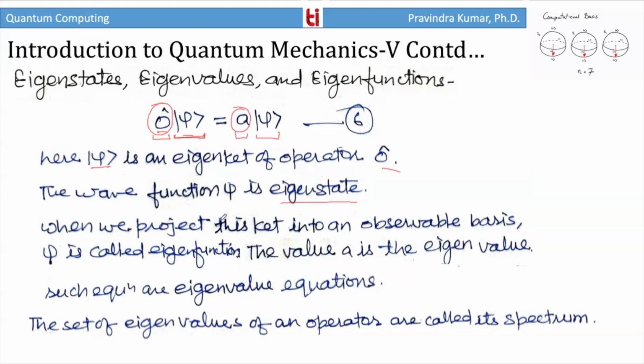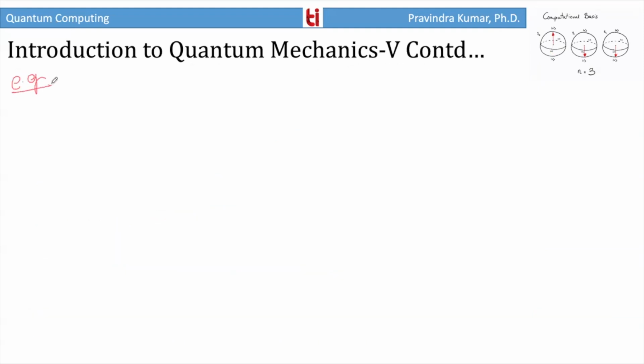The set of eigenvalues of an operator is known as the spectrum. The eigenvectors corresponding to the distinct eigenvalues form a subspace known as the eigenspace. For example, the time independent Schrodinger equation is the Hermitian operator H acting on the quantum state psi, equal to E times the quantum state psi.